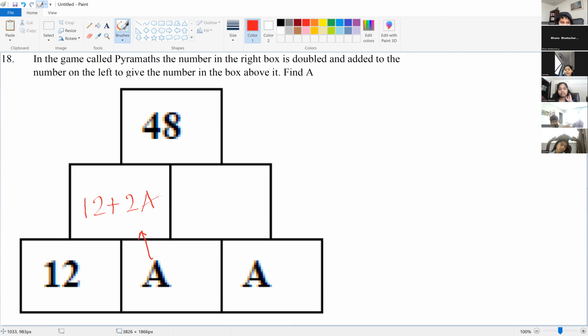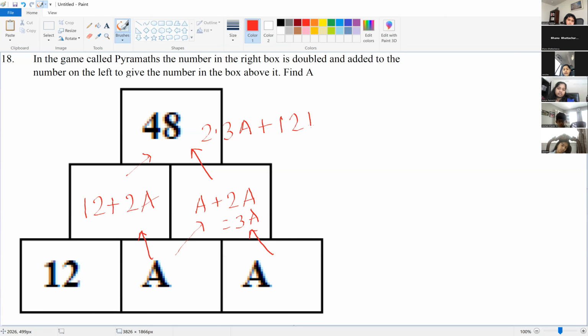And then the other one is 2A plus A, 3A. And then 3A plus 2A, 12 plus 2A, correct?